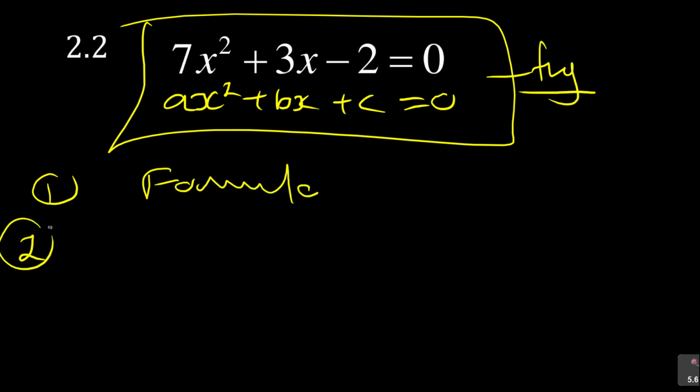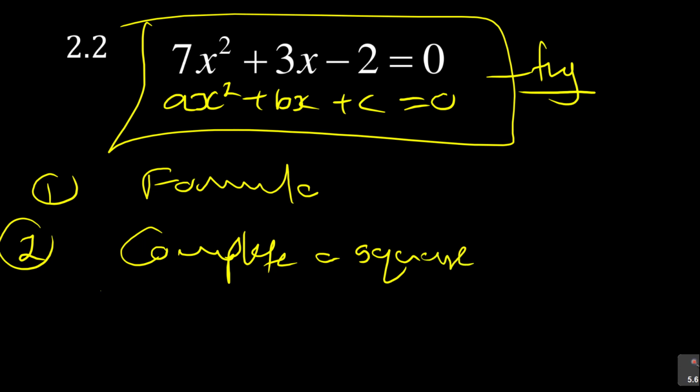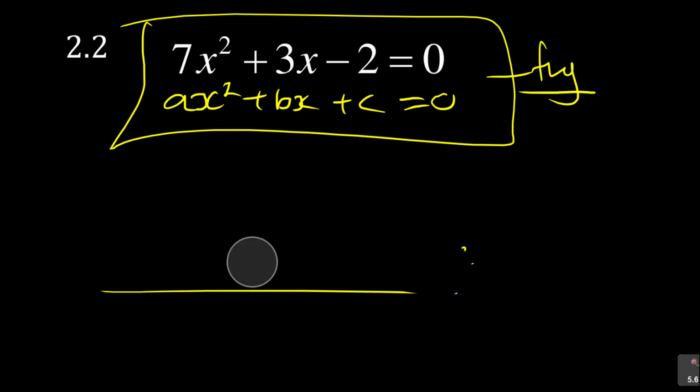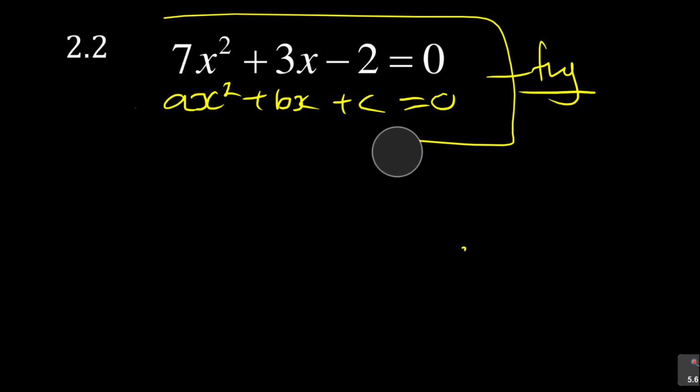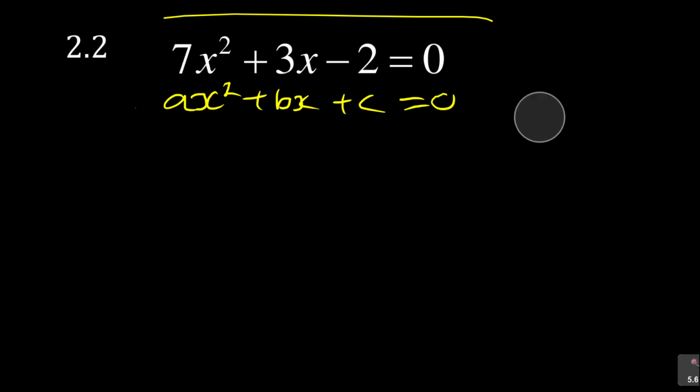Number 2, I want you to complete the square. Try that for me. Pause this video, and after pausing the video, you will then check your answer against mine. Can you do that for me? Try that. Already I've given you hints here.